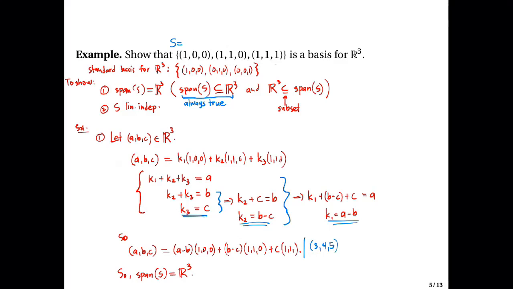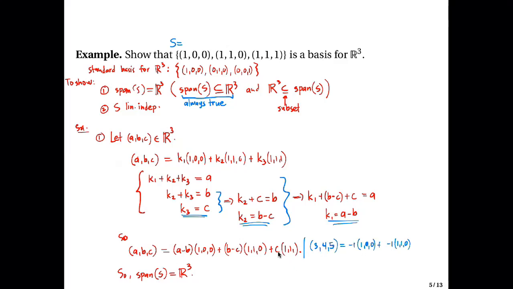So A minus B, 3 minus 4, that's negative 1, times (1, 0, 0), plus B minus C, 4 minus 5, again that's negative 1, times (1, 1, 0).